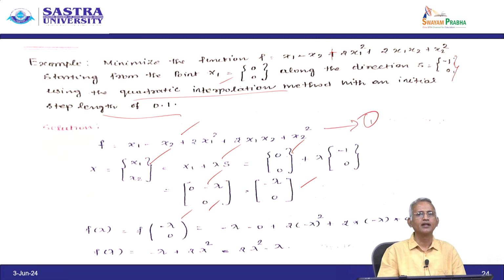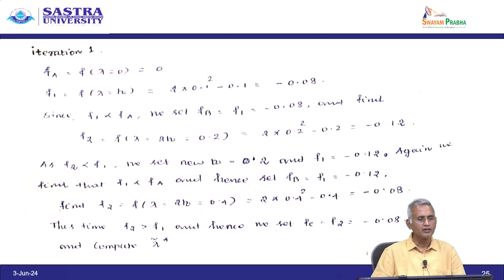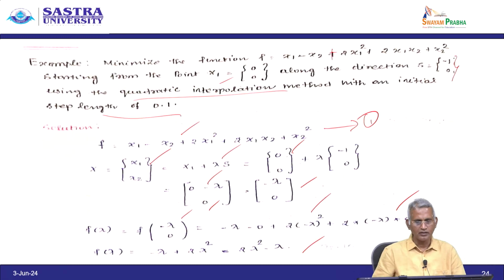So, that minus lambda minus 0 plus 2 times of minus lambda square plus 2 into minus lambda plus 0 plus 0, which is equal to f of lambda equal to minus lambda plus 2 lambda square equal to 2 lambda square minus lambda. Now, we have iteration 1, fa equal to f of lambda equal to 0 is 0, and f1 equal to f of lambda equal to t naught, and substitute in the given function 1.